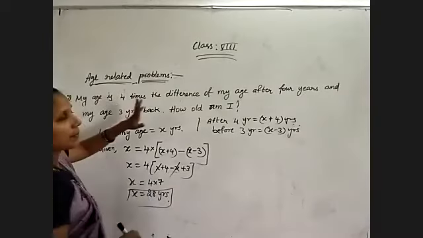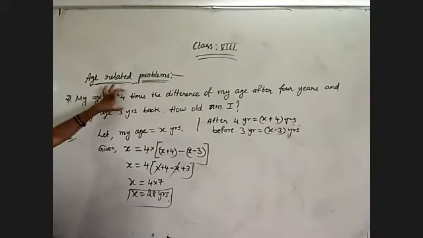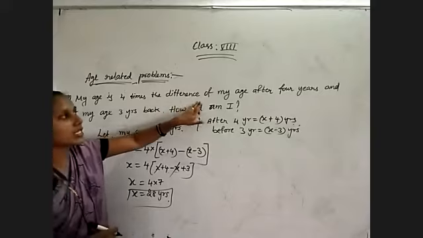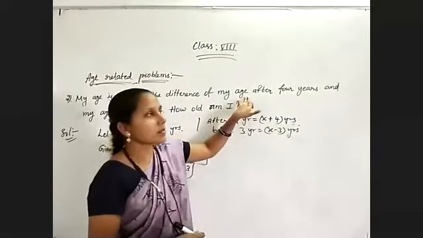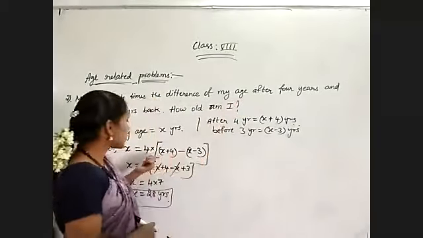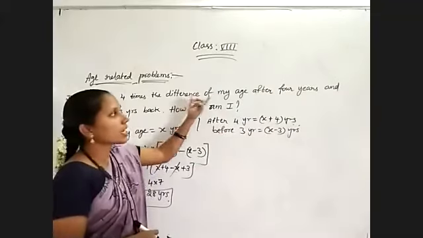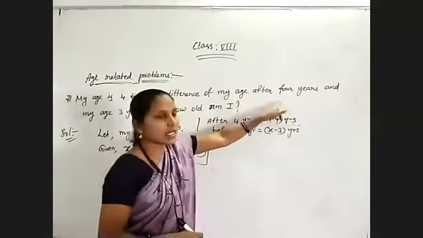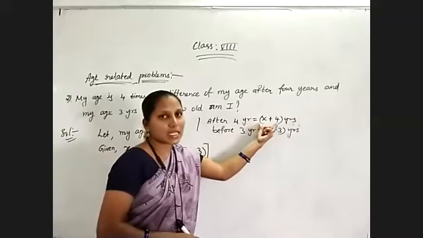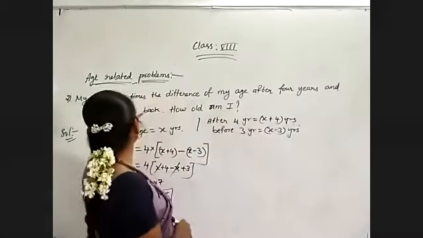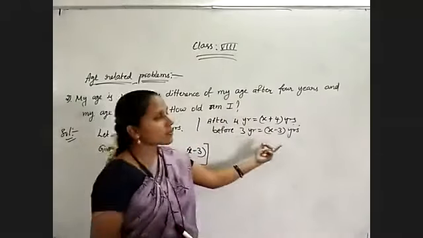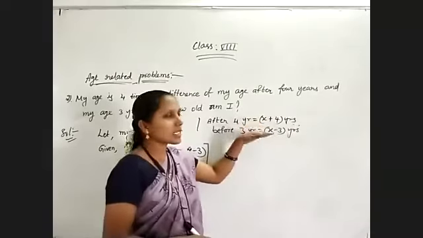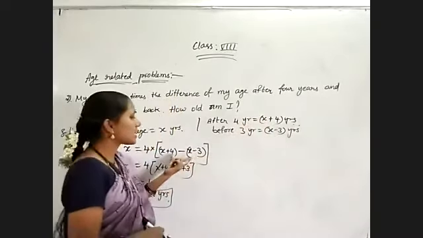So once again I am telling, observe, my age is 4 times the difference of my age after 4 years, that is 4 into the difference. After 4 years my age is X plus 4, and before 3 years my age is X minus 3 years. The difference is equal to X plus 4 minus X minus 3.